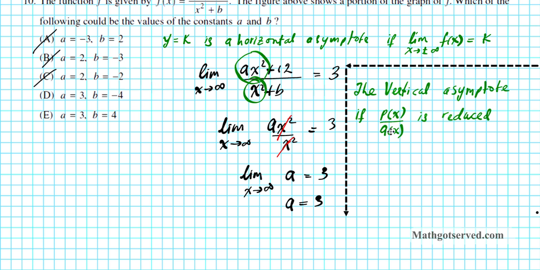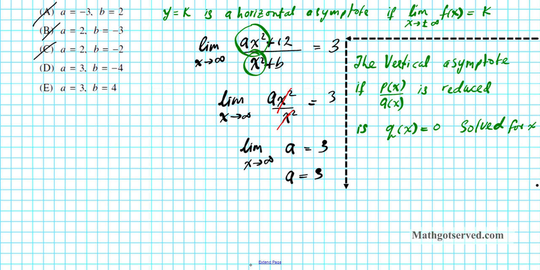So this rational expression must be reduced completely first. So the vertical asymptote is given by the denominator equal to 0, solved for x. If you solve the denominator of a reduced rational equal to 0, those x values will be your vertical asymptotes, or the points of infinite discontinuity.